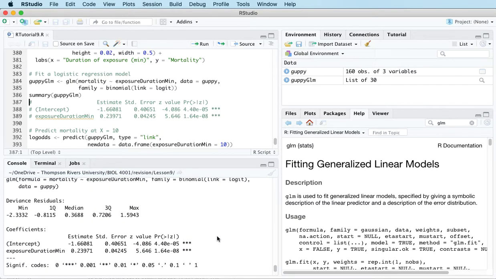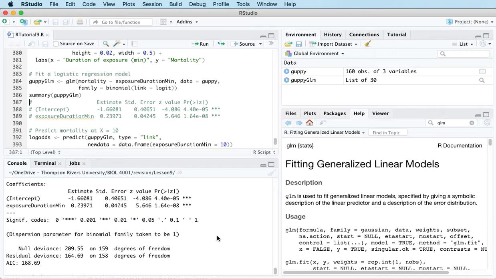So let's fit that model and then summarize it. A lot of the output is very similar to when we fit a linear regression model. We can see that there's an estimated intercept term and an estimated regression parameter for the predictor variable. I'm not really going to call this a slope because we don't have a straight line anymore.